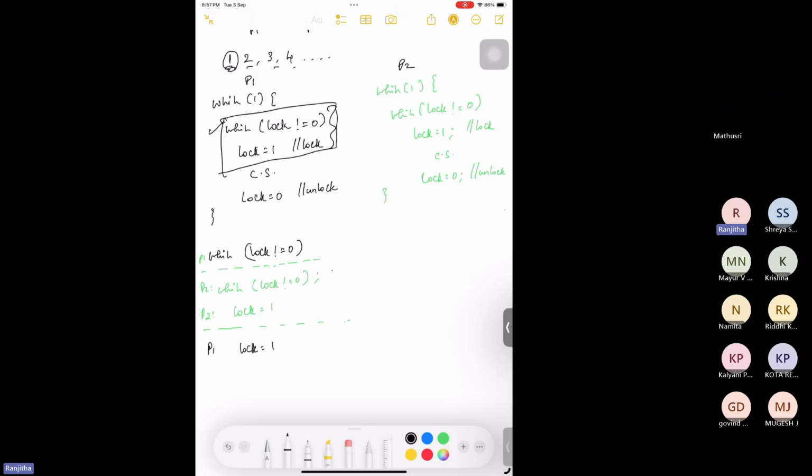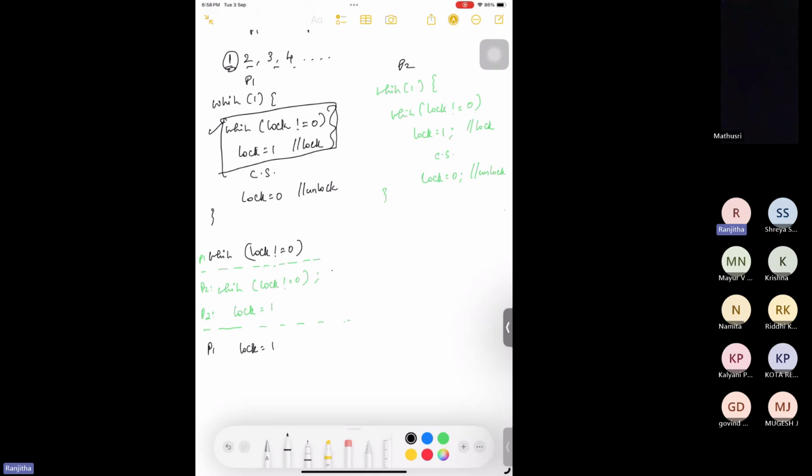In general, whatever software solutions we have seen are not normally used. In normal operating systems, we go for hardware based synchronization mechanisms, where the hardware support provides us with instructions that help us do this locking, which is atomic also.